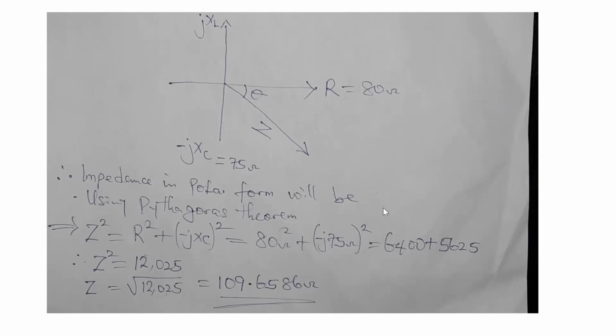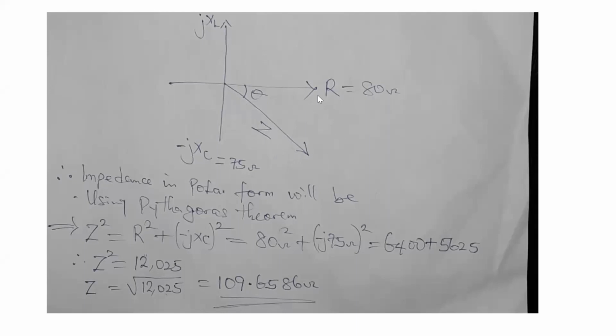Impedance in polar form will be, you use Pythagoras theorem. And what is Pythagoras theorem? The Pythagoras theorem states that the square of the hypotenuse, this is the hypotenuse of a triangle, because this is a triangle, is equal to the square of the adjacent plus the square of the opposite.